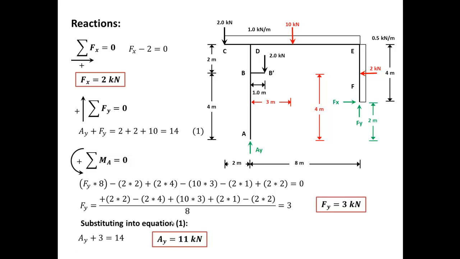Now, remember, the ultimate goal is to draw the shear and bending moment diagrams plus the normal force diagram. What I can do now is go member by member and cut the member, take a section, and look at the internal forces at these points, remembering the way we did in the previous slides.